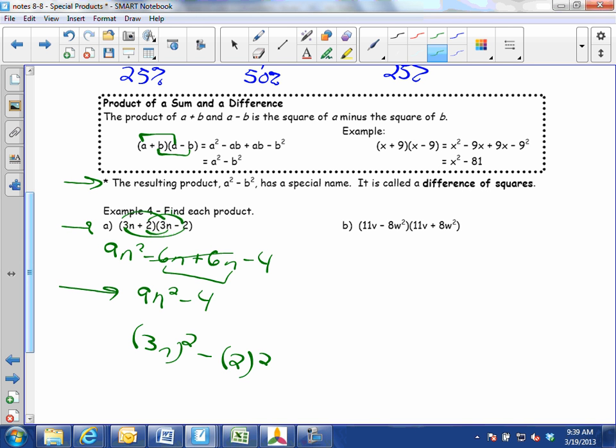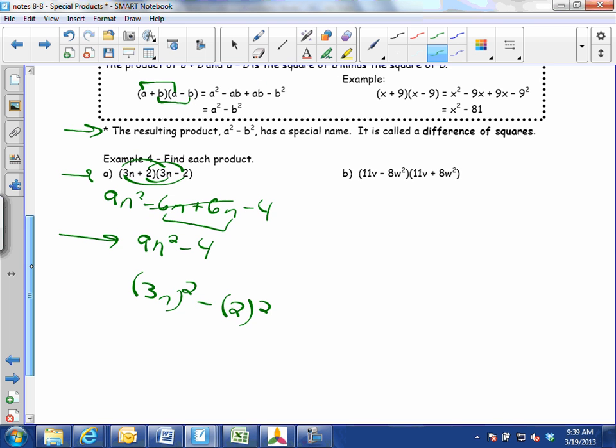All right, let's try B. Since I know they're exactly the same, the only thing that's different is our signs. The middle terms are going to cancel out. All we have to think is, what's the first term squared? 121b squared. Okay, middle terms cancel out. So it's going to be minus, what's 8w squared squared? 64w to the fourth.